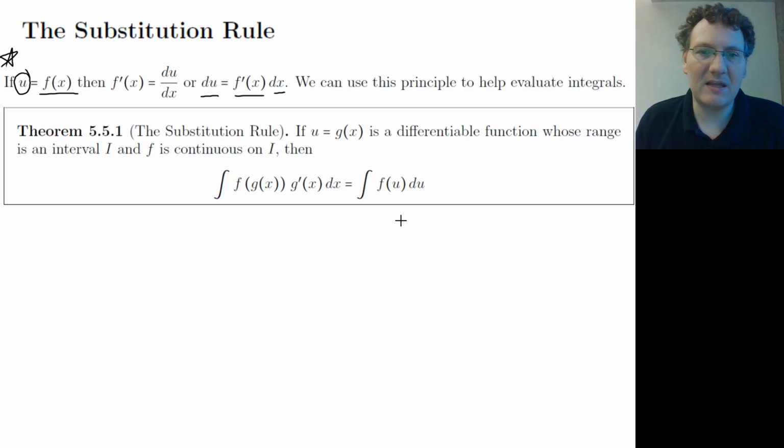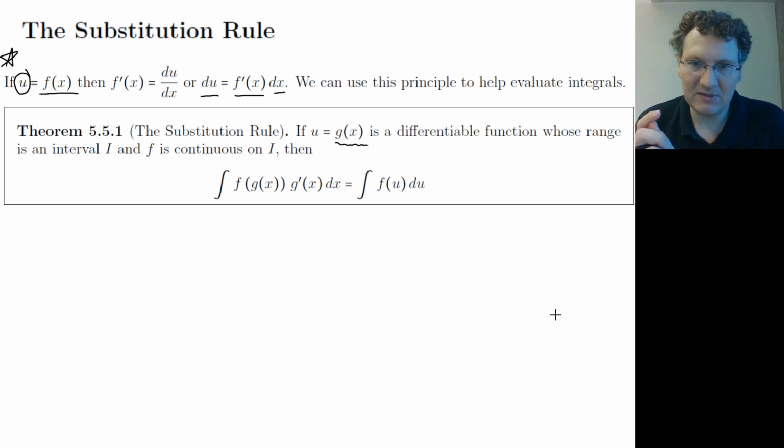In this case, we're actually going to call u some g of x, because f is going to be the main thing that we're integrating. So if you can isolate something, say I'll call that little function of x g of x, I'll replace it with u, as long as u is differentiable and its range is an interval on which f is continuous.